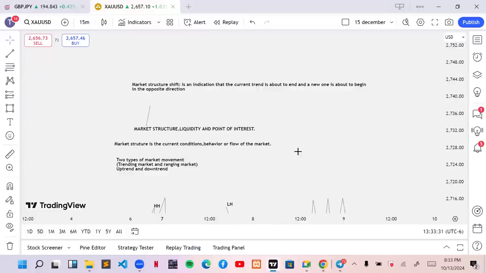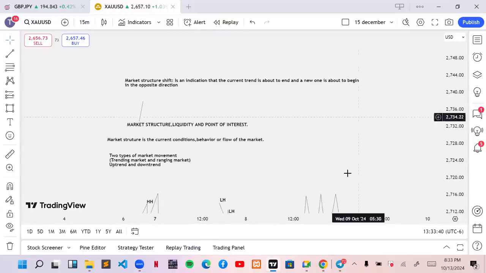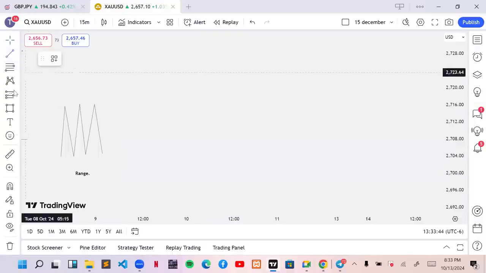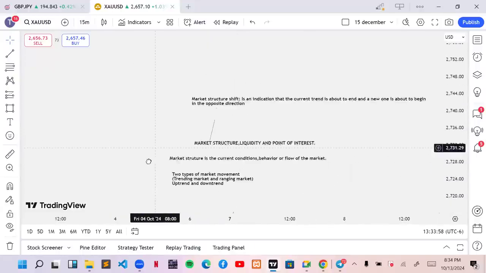The difference with break of structure is that you're still going to be taking a trade in the direction the market was trending before. Here is an example of a break of structure. A break of structure is a scenario where the market breaks a particular key level in price while still remaining in its current trend. Let me just type it down.